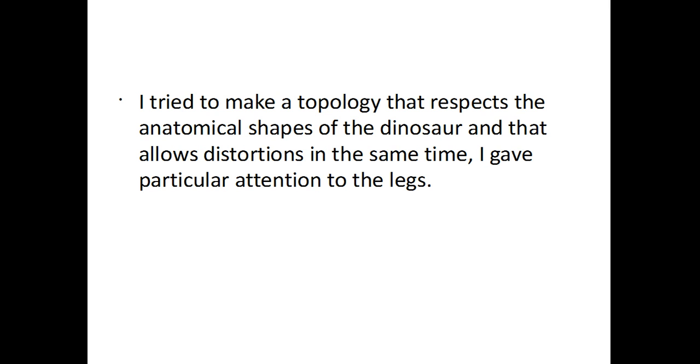On the opposite, the arms are not really important. They are not supposed to have a good topology for animation, because in a dinosaur like mine, the arms move very little.